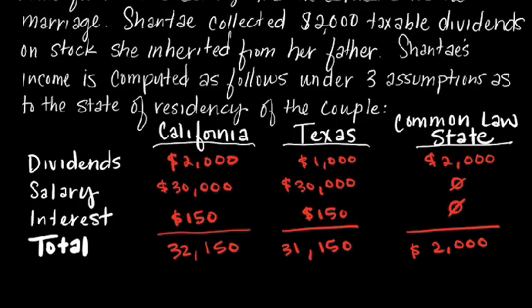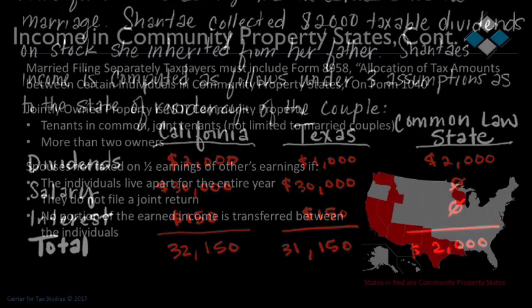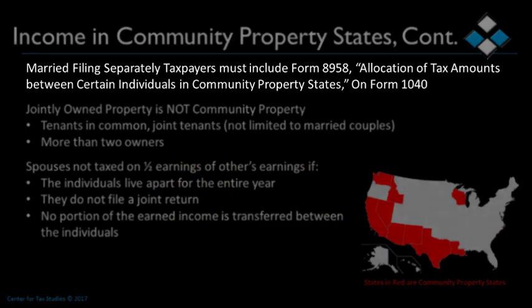Now note that the savings account is a community asset because it was created with community funds, Matt's salary. And one other note, because they have community property income and are filing separately, each spouse must include Form 8958, entitled Allocation of Tax Amounts Between Certain Individuals in Community Property States, on his or her Form 1040.